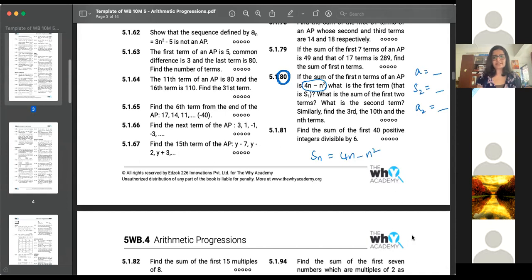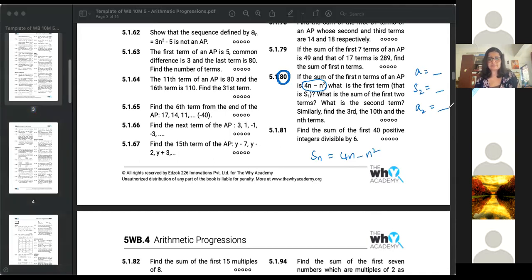Correct. Very nice. Correct. So after A2, just tell me what did you get for AN? Once you found out A2, tell me what is AN.